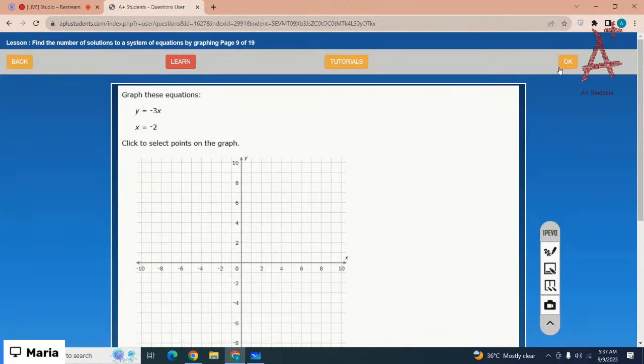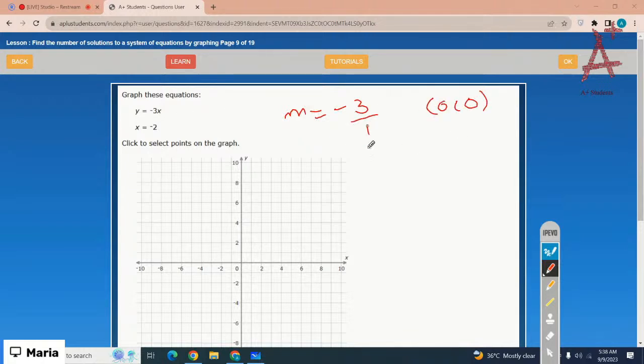Okay, y equals negative 3x and x equals negative 2, which is the correct option? For equation number 1, the slope is negative 3, right? M equals negative 3 and the y-intercept would be 0, 0. So negative 3 over 1.